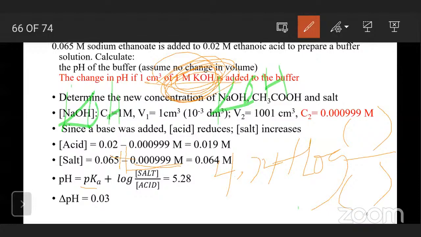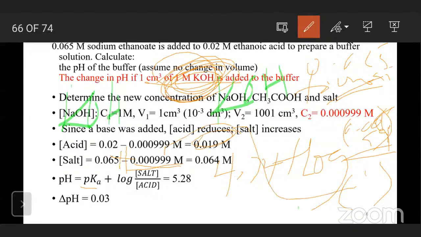That is 0.065 plus 0.000999. Just press a calculator, you will get the correct answer. So put that new concentration of the base here, that is 0.06599, divided by the concentration of the acid, which is 0.019.